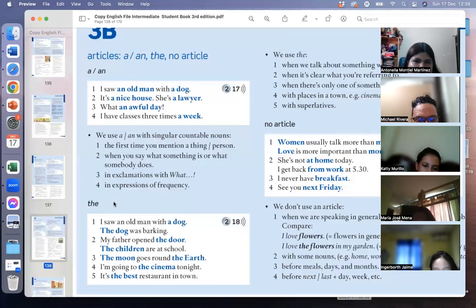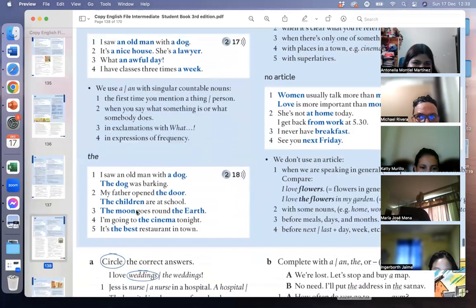Okay. Katya, could you start reading, please? One, I saw an old man with a dog. The dog was barking. Number 2, my father opened the door. The children are at school.